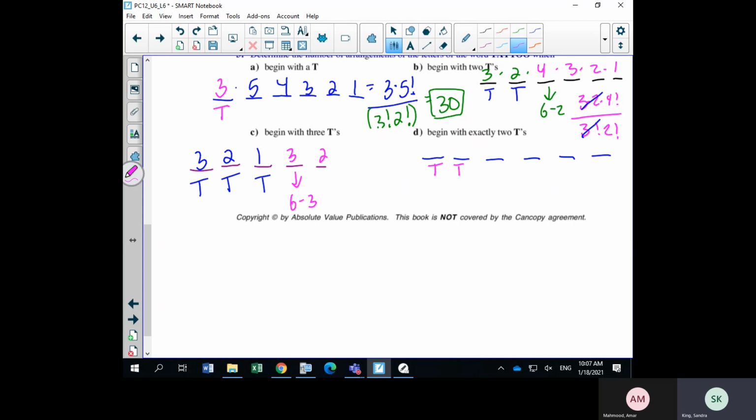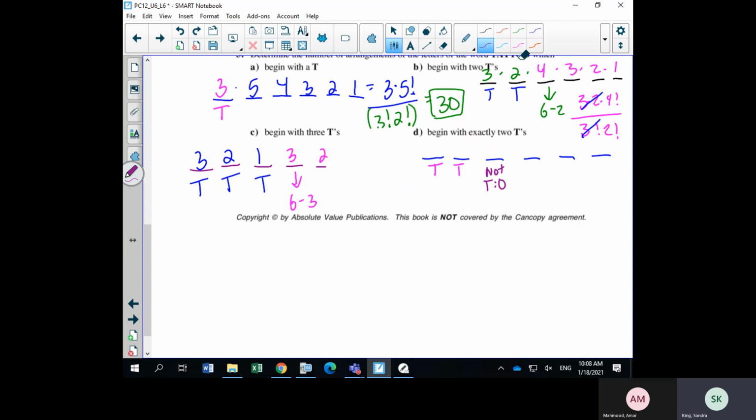If you guys have exactly 2 T's, what could this not be basically? It can't be a T. Do you guys agree with that? So if you're starting with exactly 2 T's, then this just can't be a T. So exactly 2 T's, and then this guy would not be a T.